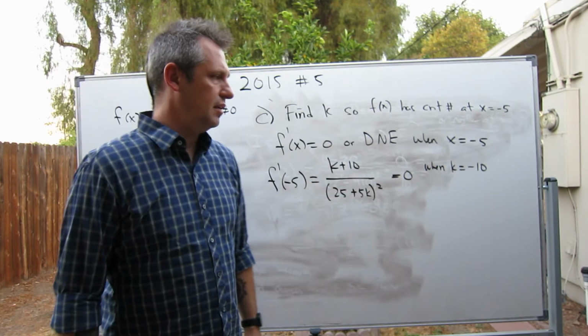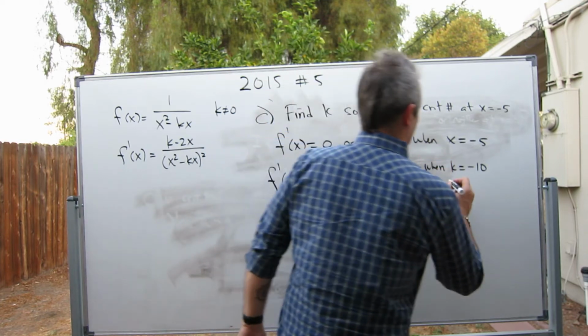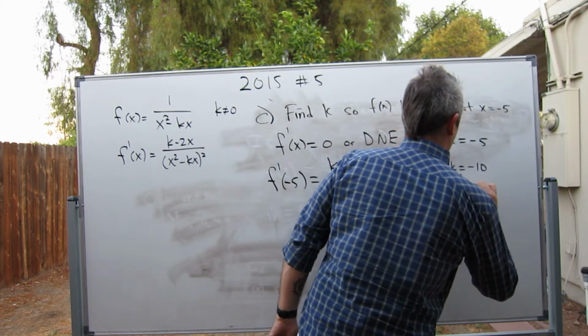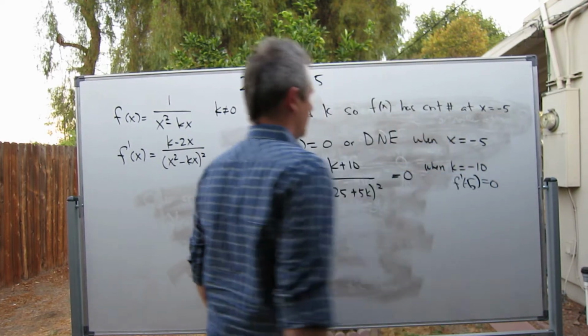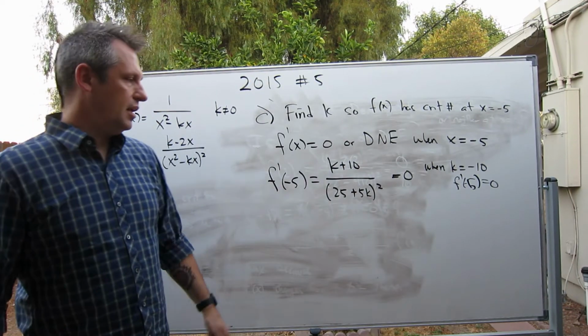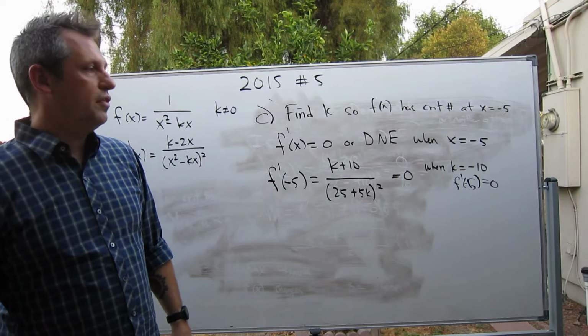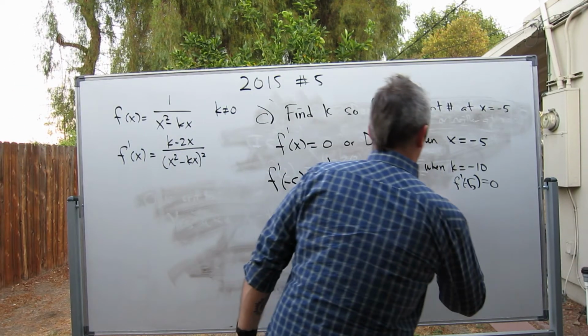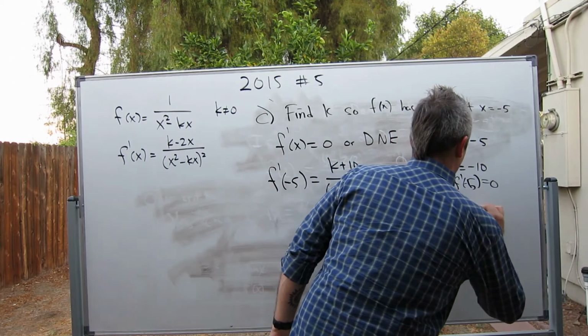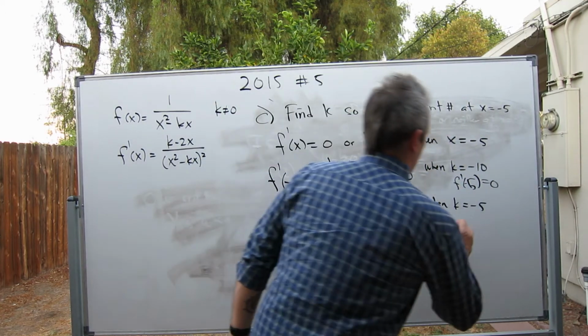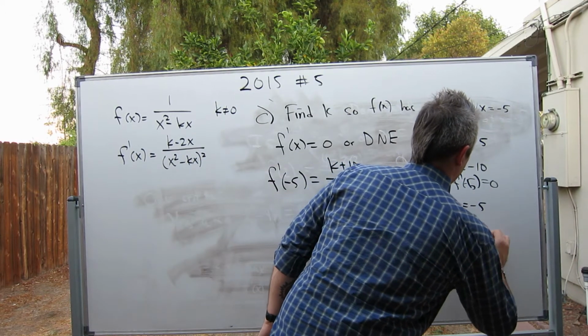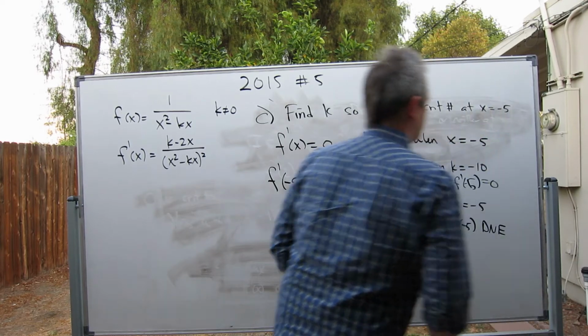So k equals -10. When k equals -10, f prime of -5 equals 0. How about for the denominator? For the denominator, it looks like when k equals -5, the denominator will equal 0. When k equals -5, f prime of -5 does not exist.